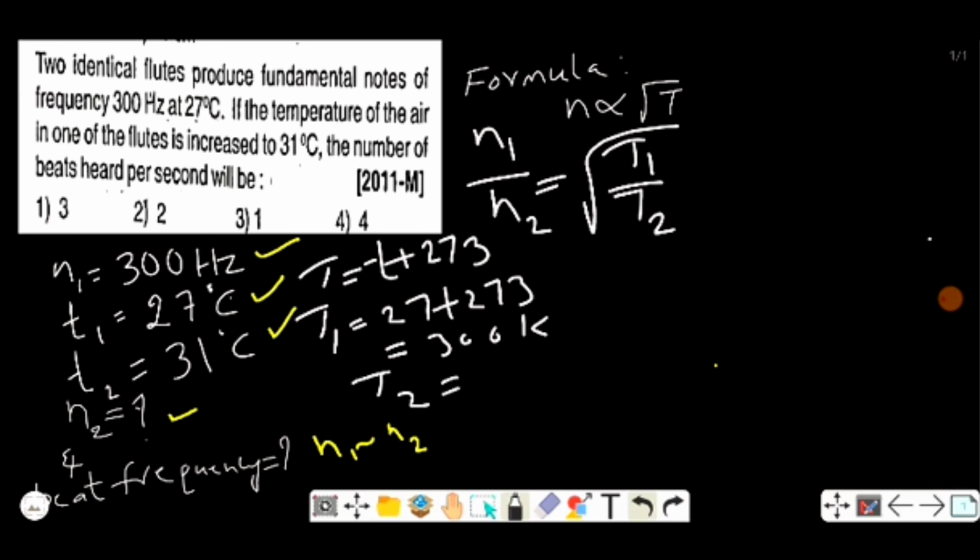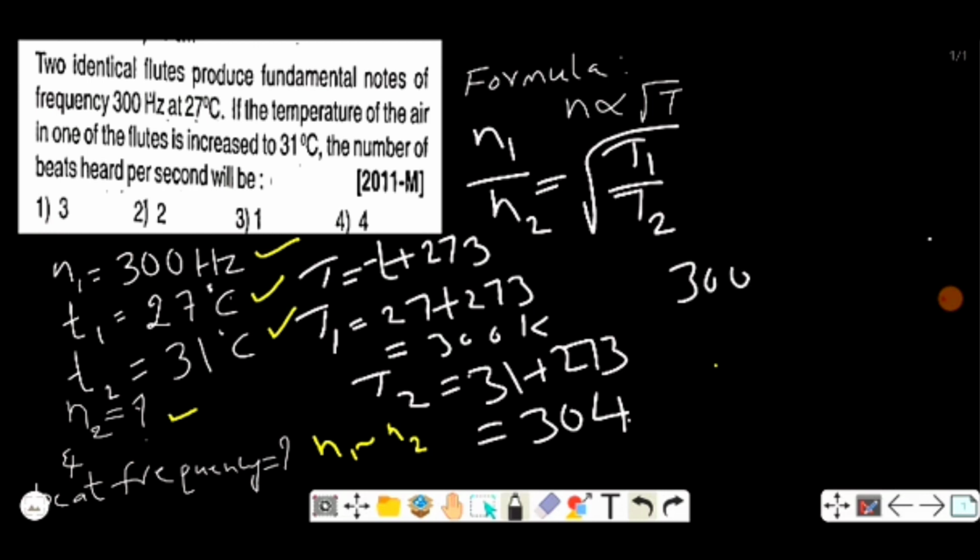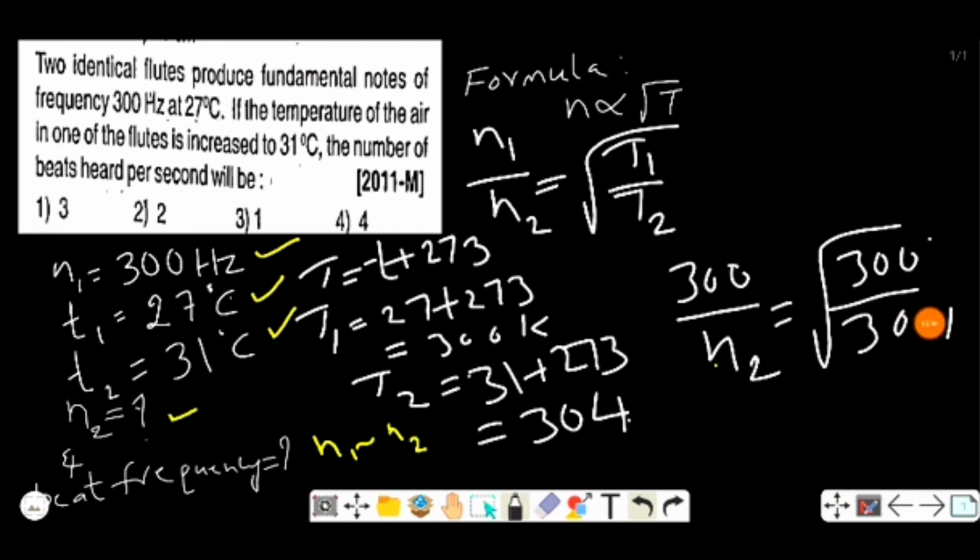Similarly, T2 is equal to 31 plus 273, which is equal to 304. Substitute this value. We know N1 value 300, so 300 by N2 is root of T1 by T2, that is 300 by 304.